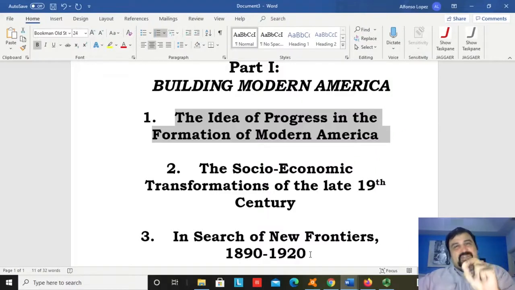So there was an idea that a lot of Americans were convinced of, that was the central meaning of human existence and the purpose of human existence on Earth. And that idea is called the idea of progress. People began to ponder the idea of progress, that progress is something that happens and has been happening for a long time, and many people realized that.